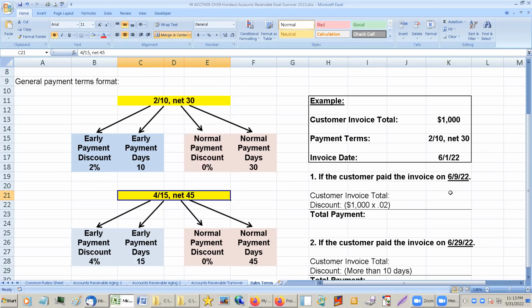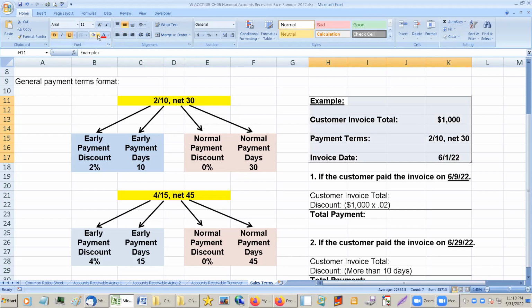Okay, so coming over here, here's an example. Example green. Okay, so we get these terms 2/10 net 30. So they pay it off.